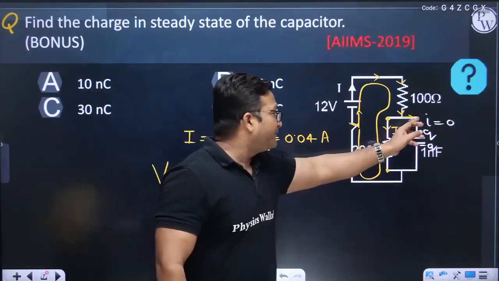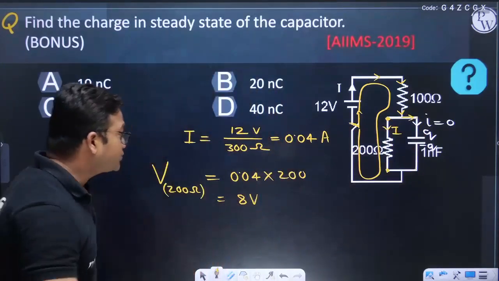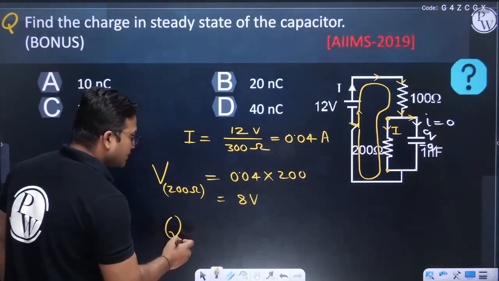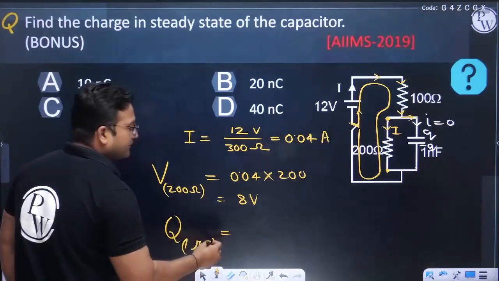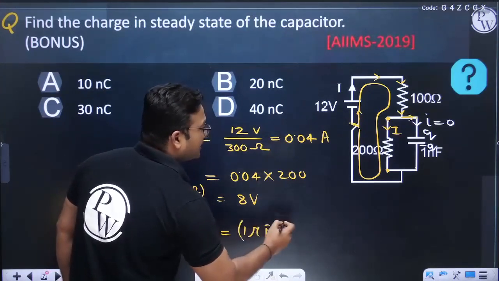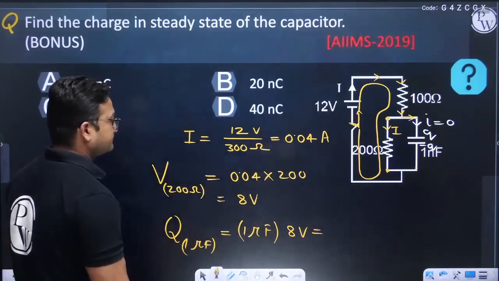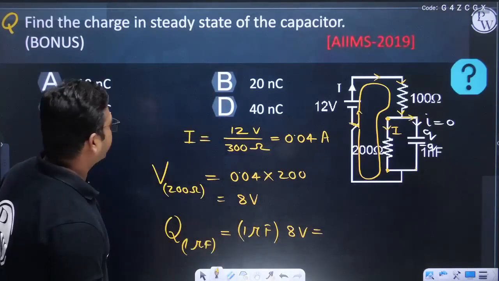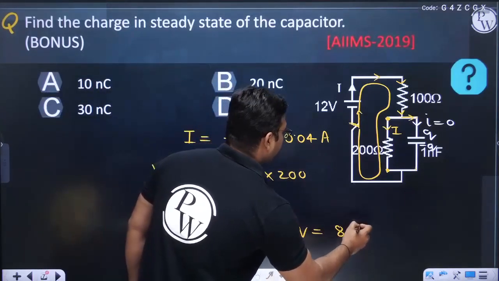And if the potential difference across this capacitor is 8 volt, the charge on the 1 microfarad capacitor can be written as C times V, that is 1 microfarad into 8 volt, which becomes 8 microcoulomb.